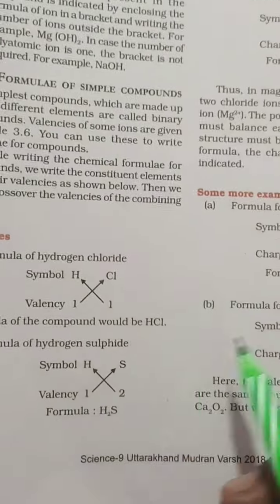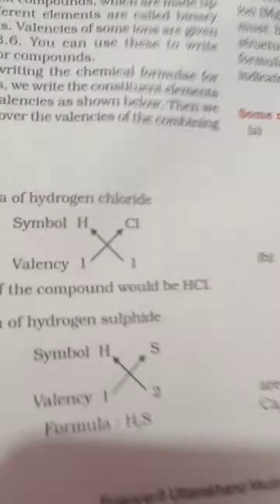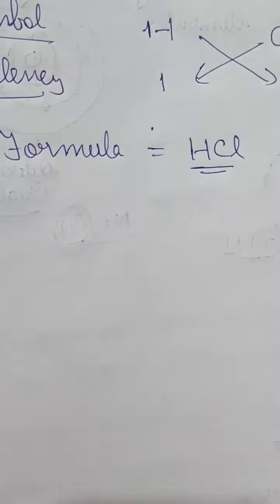Here it's HCl which we have done. Now this is hydrogen sulfide. So this hydrogen sulfide is H2S. Okay, so question: hydrogen sulfide. Sulfur becomes sulfide when it reacts with hydrogen.